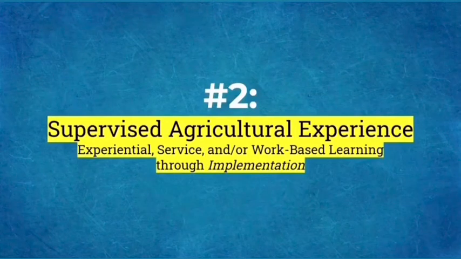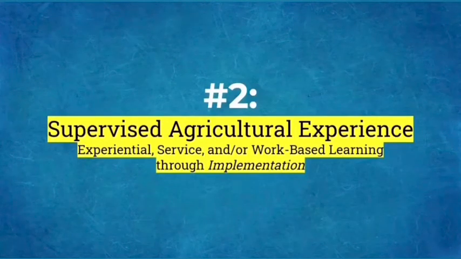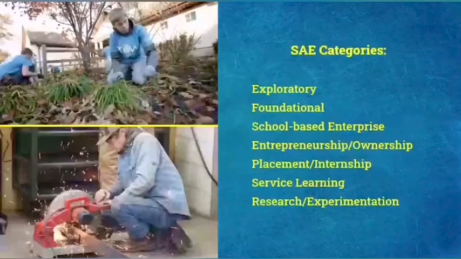Next up is the Supervised Agricultural Experience, or the SAE. This is the experimental, service, and/or work-based hands-on learning. When we do an SAE, we are not learning from instruction given in the classroom or laboratory. We are learning through implementation instead. When we build our SAE, we can choose from one or more SAE categories to base our work upon.